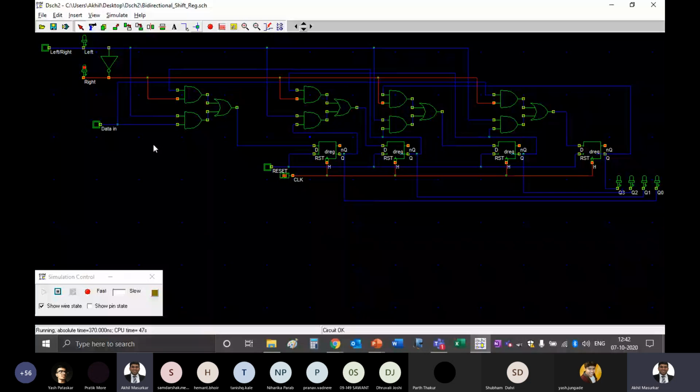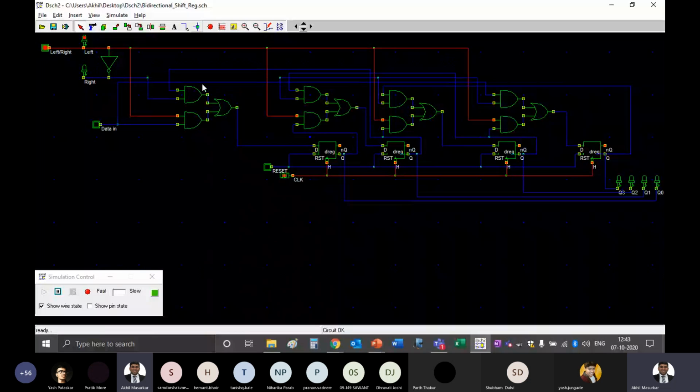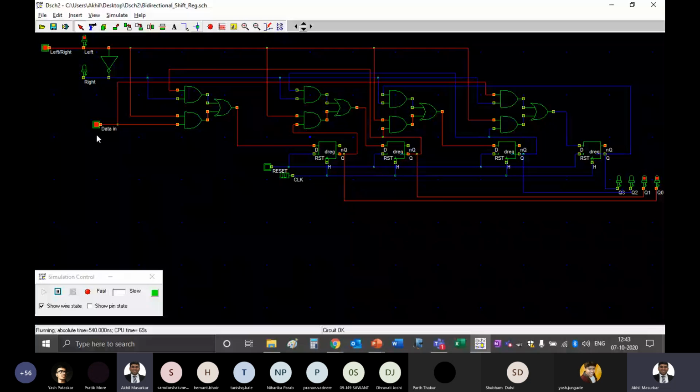Now if I want this to happen the other way around, from Q0 to Q3, I will just use this. This is shift left. Now you will see data bits coming from the Q0 side and going to Q3. Check it. You can see Q0 is 1, then Q1 becomes 1, then Q2 becomes 1, and then Q3 becomes 1.